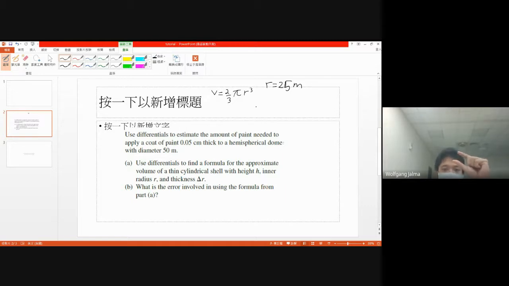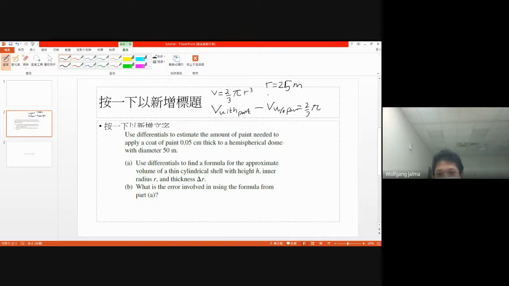What is paint? We can see paint as a volume. So even without calculus, we can calculate the paint by using that pi with paint minus pi without paint. It becomes 2/3 pi. The paint thickness is 0.05 centimeters. So what is it in meter? 0.0005.